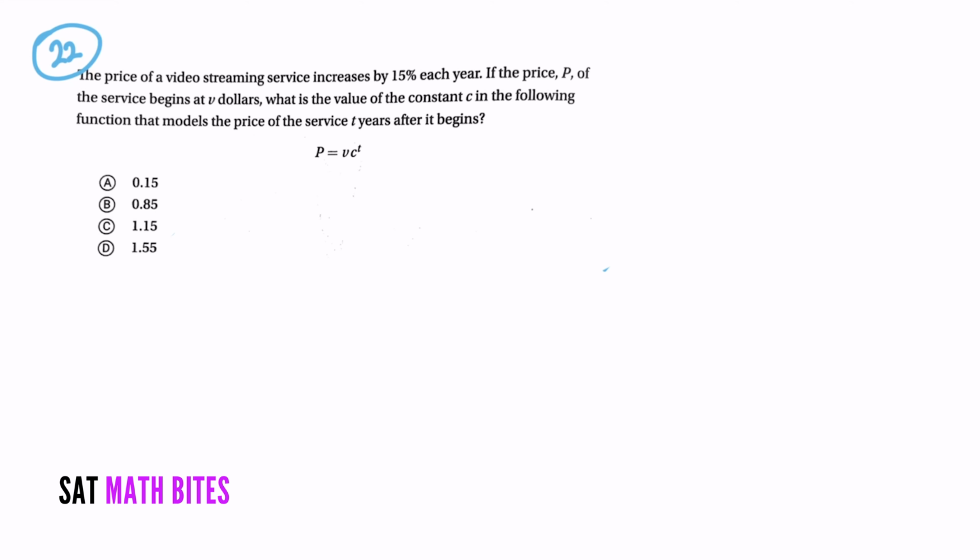In problem number 22, we have the price of a video streaming service. It increases by 15% each year, and the price begins at V dollars. So that means at time equals 0, P equals V. But then after 1 year, how do we figure out the price? Well, we have to take the current price, but then we have to add 15%.